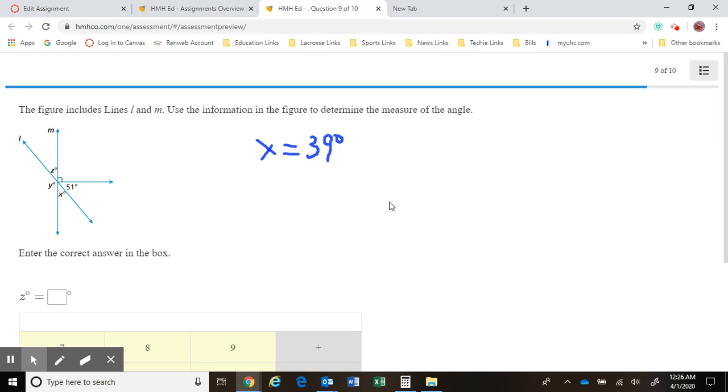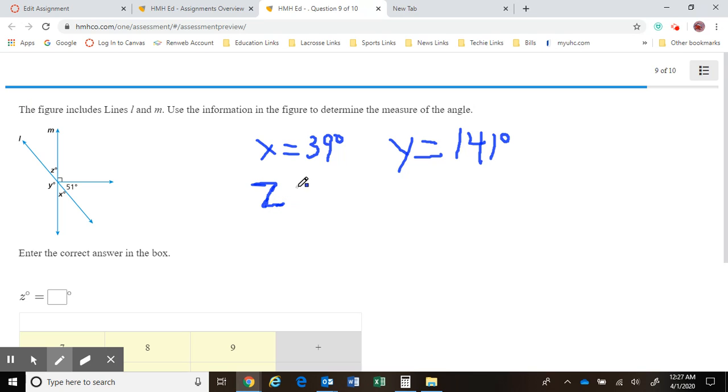Moving along. Now I left that up there. Of course, I'm going to write that y is 141. Now, for the same reasons as before, what do you think z is going to equal? There's two ways you get this, actually. X and z are vertical angles, and if you remember, vertical angles always have the same measurement.